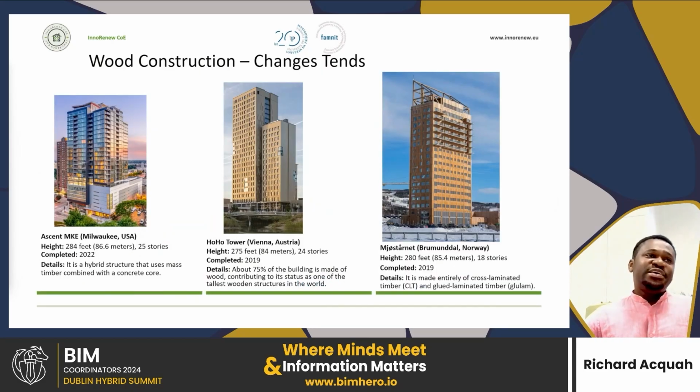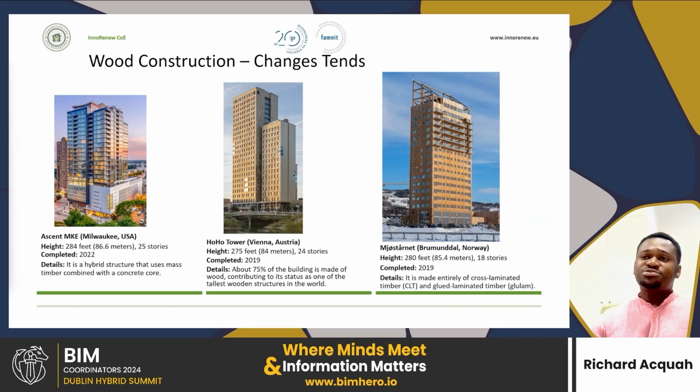So over the years of research into wood for advanced construction and high-rise buildings, there have been some attempts to construct buildings that are high and beyond the limitations that we see wood to have.